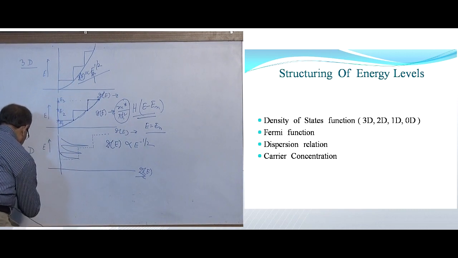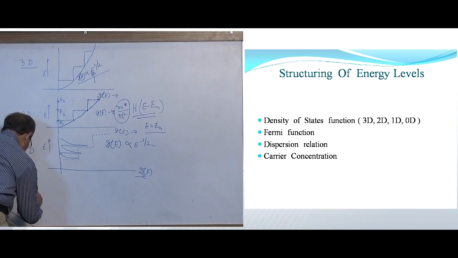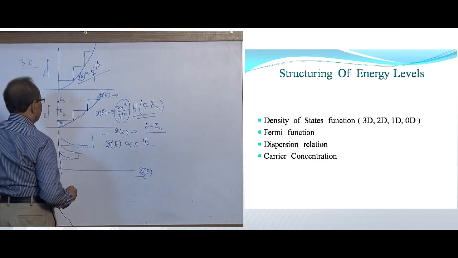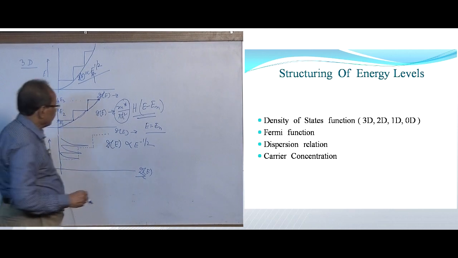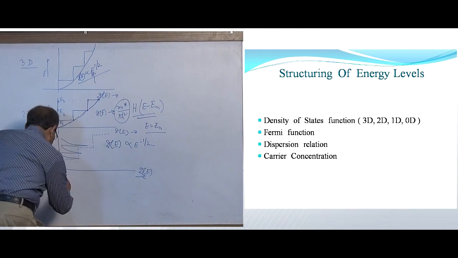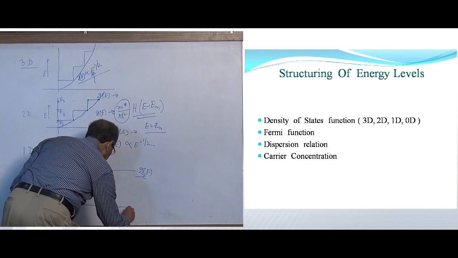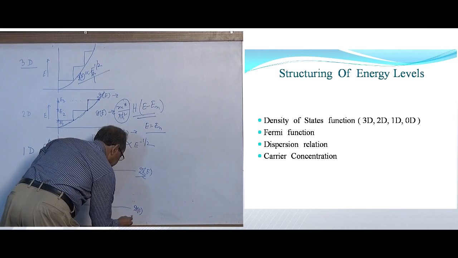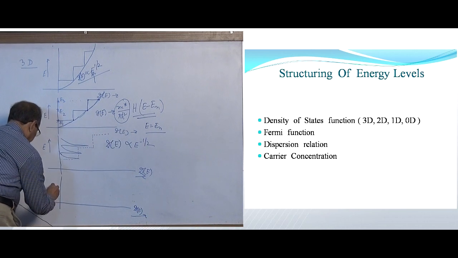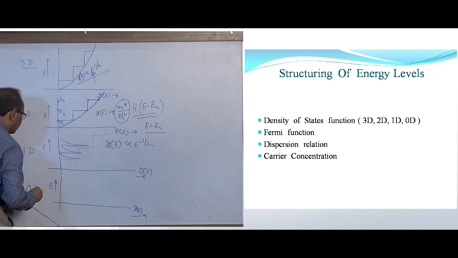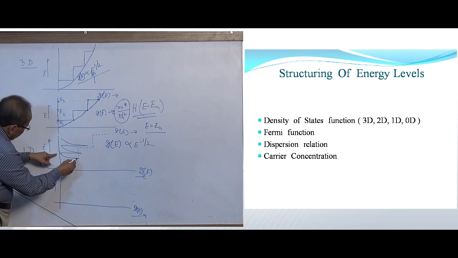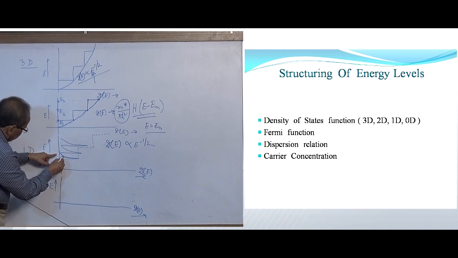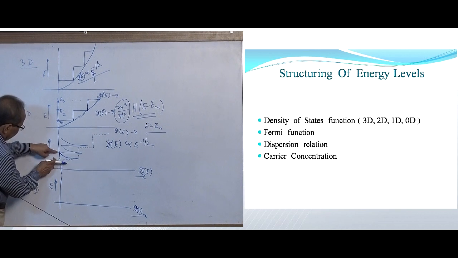Now come over to 0 dimension. The 0 dimension is like this. And this is E. See, here it falls from here to here, this range of decrease of the energy, and you see the density of states there.